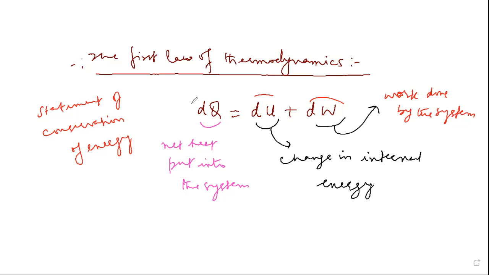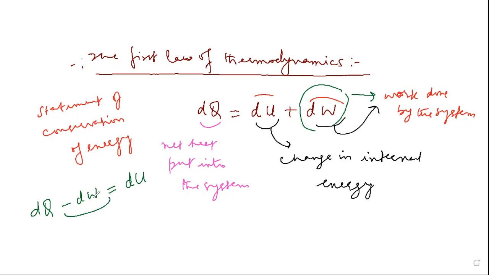So remember this. Now I can write this equation this way also. Let me use this color, green. I can write dq minus dw is equal to du. You know our sign convention. Here our dw is positive, so we interpret it as work done by the system.